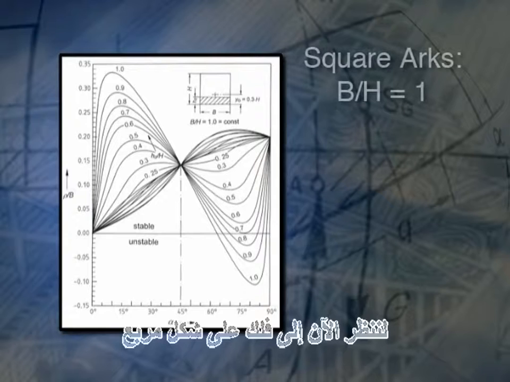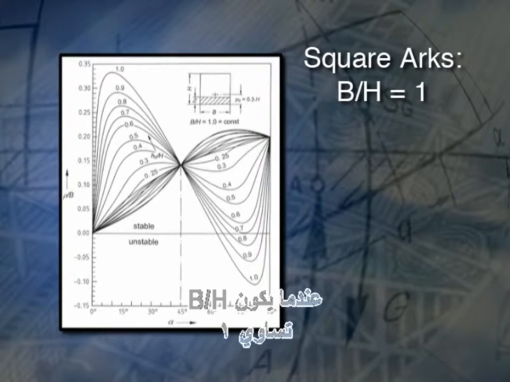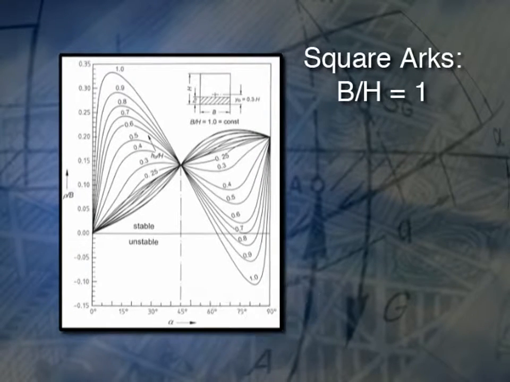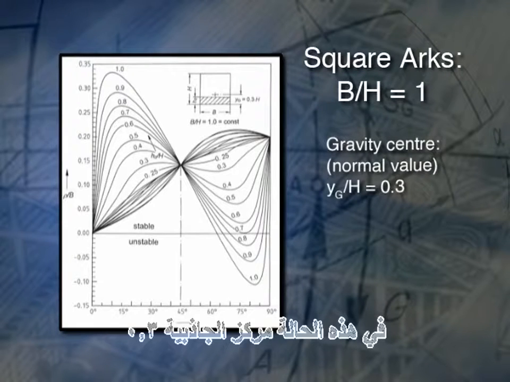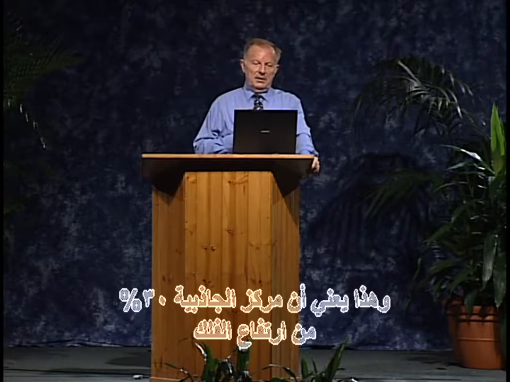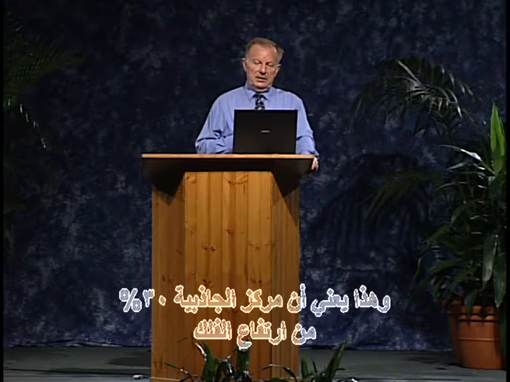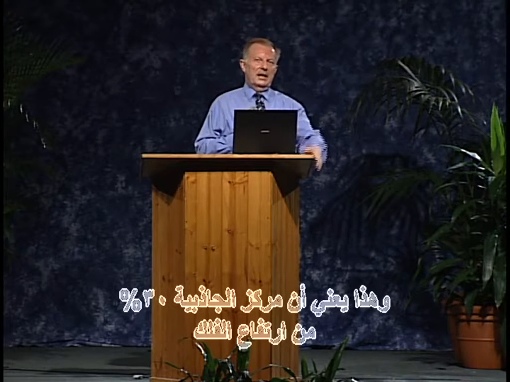Now let's have a look at a square ark where B over H is 1. We see the gravity center in this case is 0.3. It means the gravity center is 30% of the height of the ark.